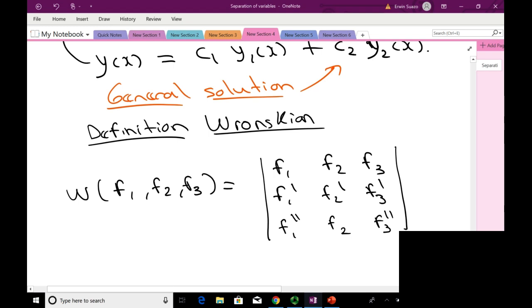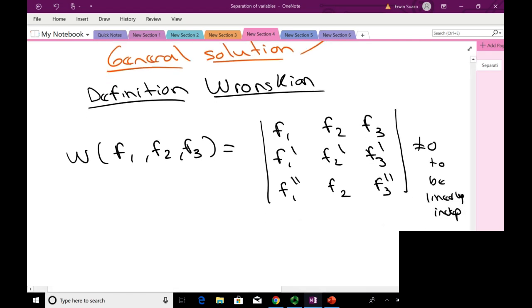You want to see if 3 functions are linearly independent, so you verify that this determinant is different from 0. And you can do the same to check 4 functions and so on.